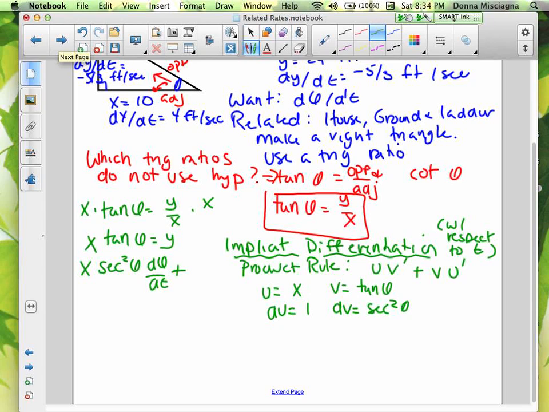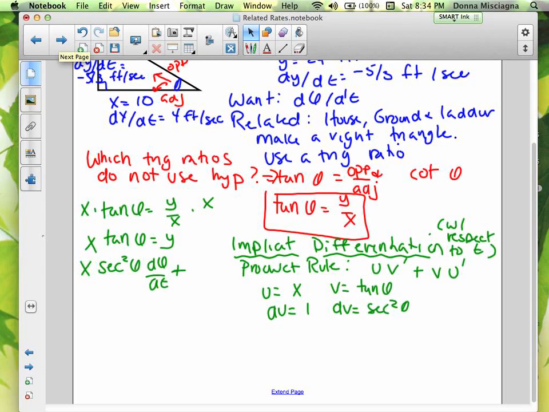Fortunately, the derivative of x is just 1. So we're going to have just 1 times tangent theta. And don't forget, the derivative of x is going to be 1, but it's going to be dx/dt. So it'd be 1 dx/dt, and then tangent theta.